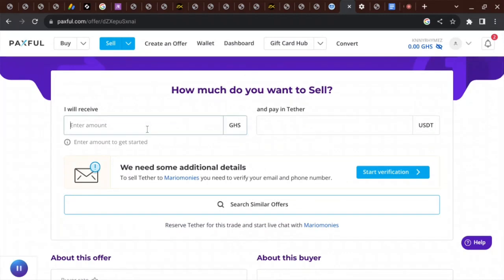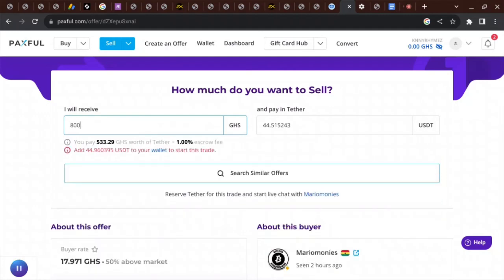So this is how you calculate your profit. Let's say I spent 571 Ghana cedis on it, and I want to receive 850 cedis. And remember, I have 47.17 USDT, so it means that I still have much to spend. If I want to receive 850 Ghana cedis, it means that I will release 47.29 USDT to this person.